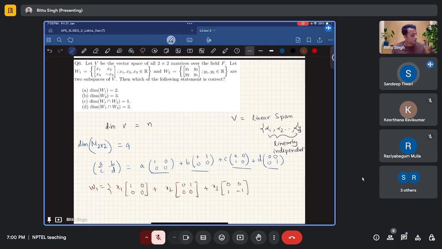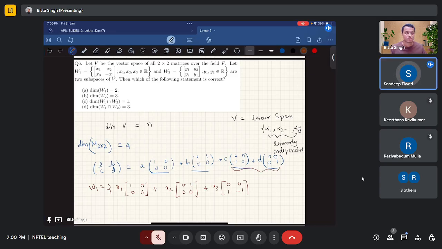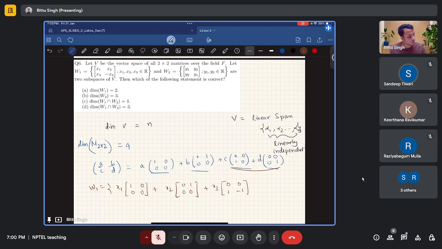So now you cannot write it as those combinations. Why? Because you can see this matrix [0, 0; 1, 0] does not belong to this W1. That's why I cannot write it as a combination of those kind of matrices.